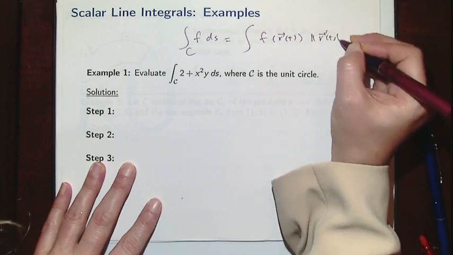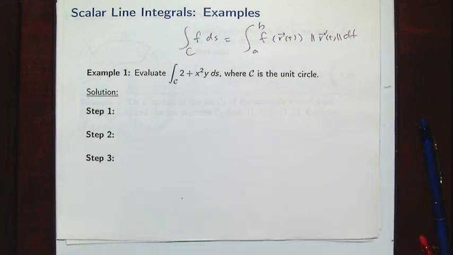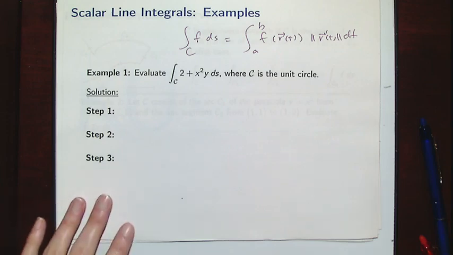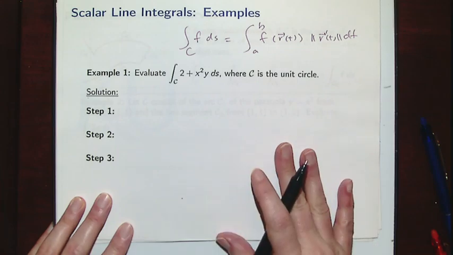Magnitude of r prime of t dt from a to b in 2D, I mean, when the domain is in 2D. The same thing is true for 3D. I just explained the pieces in 2D, but 3D is the same. Anybody have a question about this so far?